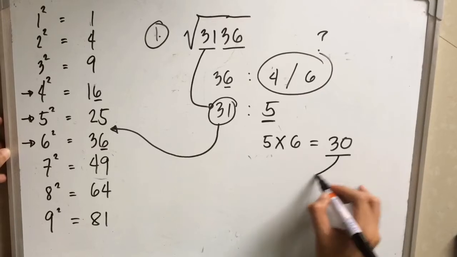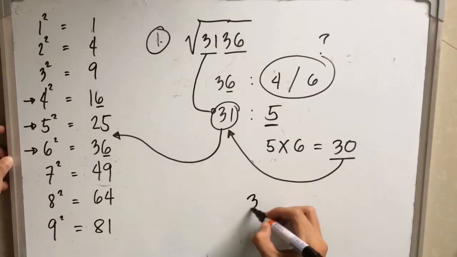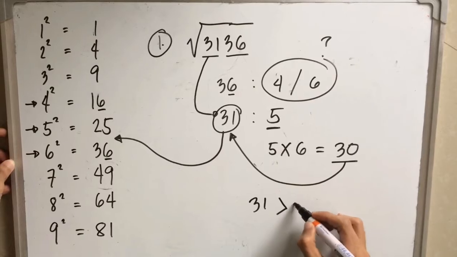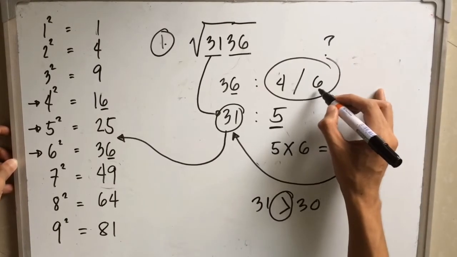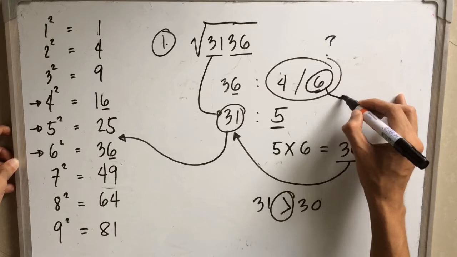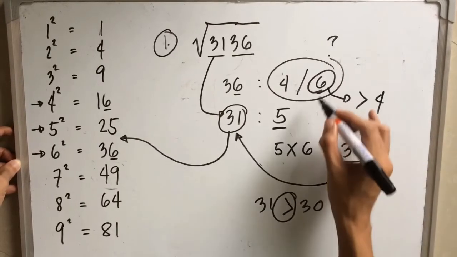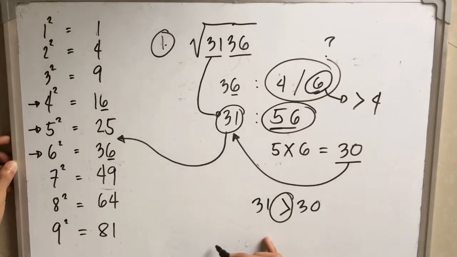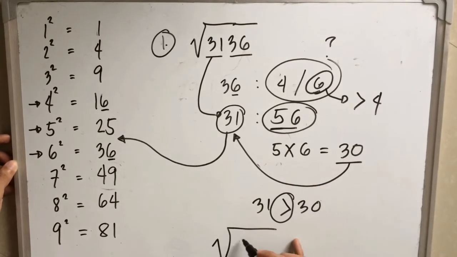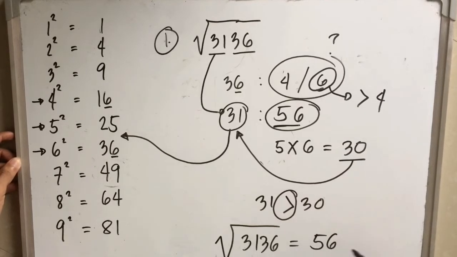And we are going to compare 30 and 31. And 31 is greater than 30. So it means to say that we are also going to take the greater number between 4 and 6. So it's 6 because 6 is greater than 4. So it's 5 and 6. It's 56, which is the square root of 3,136.